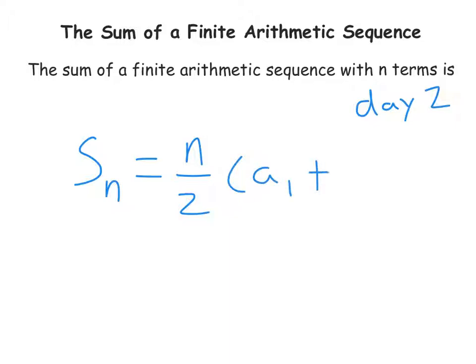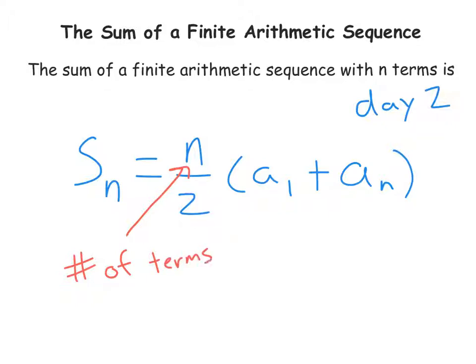The sum of those n terms equals n over 2 times a sub 1 plus a sub n. N, of course, is the number of terms in your sum that you want.